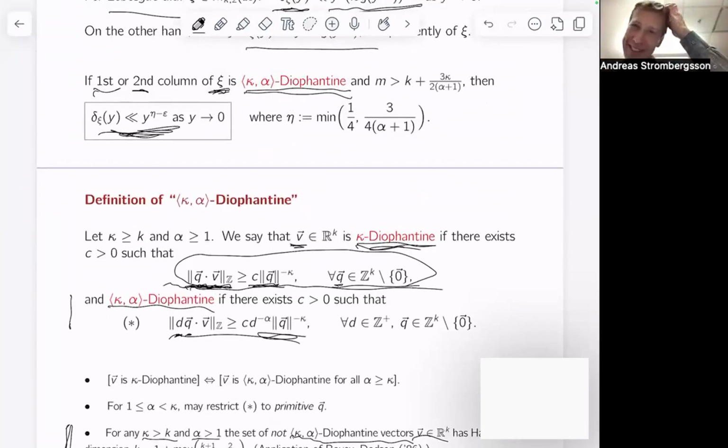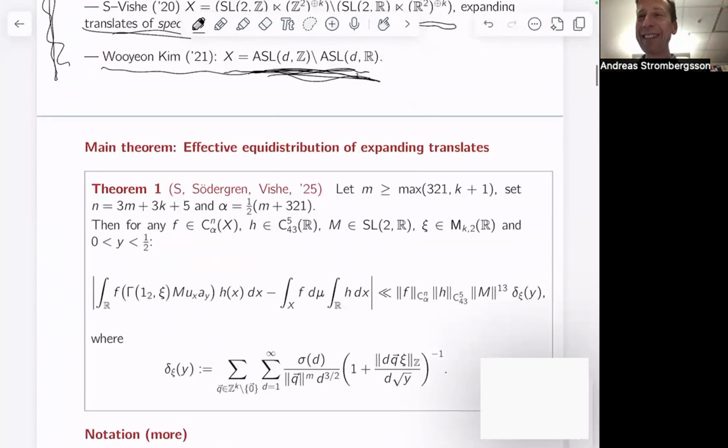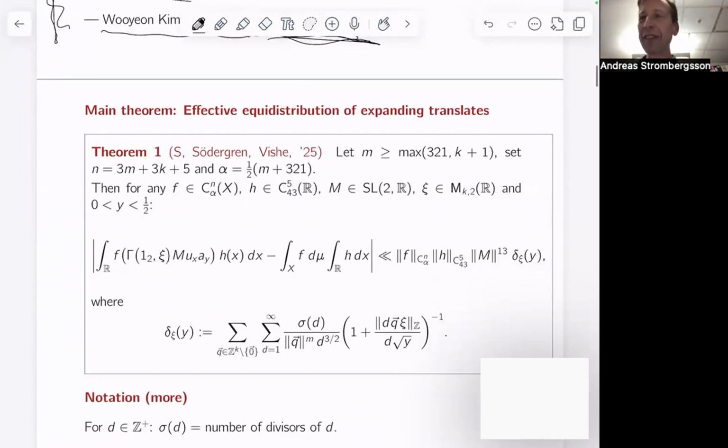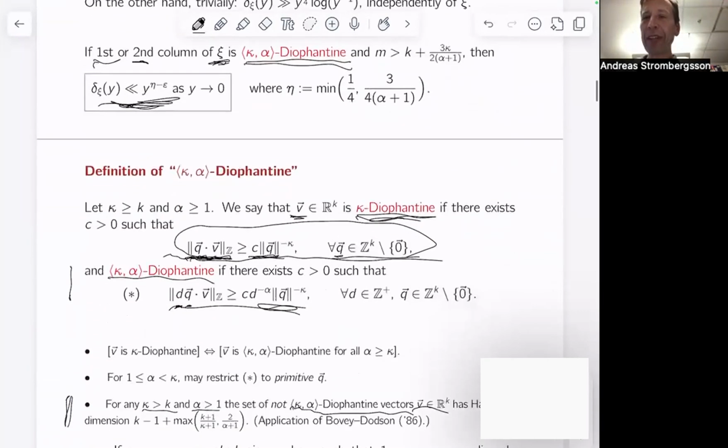That's the point to make here: Ratner gives you equidistribution for really specific conditions, and not just a rate. We don't have a rate just for Lebesgue almost all, but we can tell a rate for specific real algebraic numbers or matrices here.